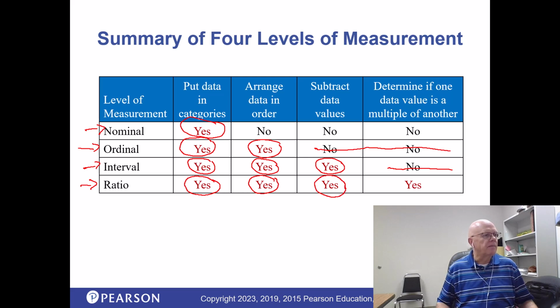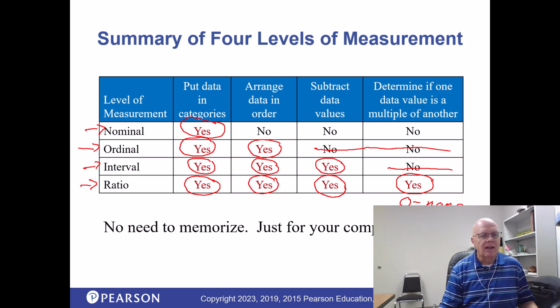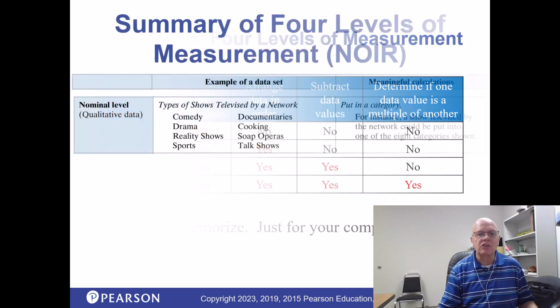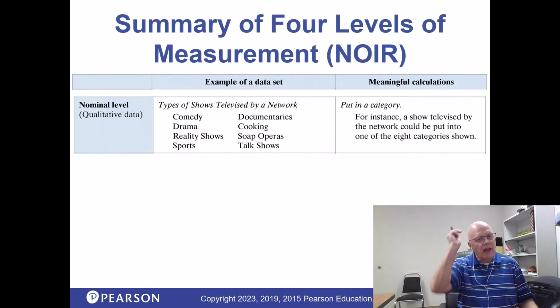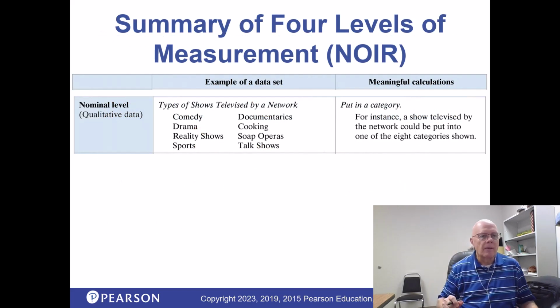Okay, here are some examples of qualitative data. Remember what that represents. Qualitative means no numbers represent these types of data. And here are some examples. Types of shows, and you can put them in categories.